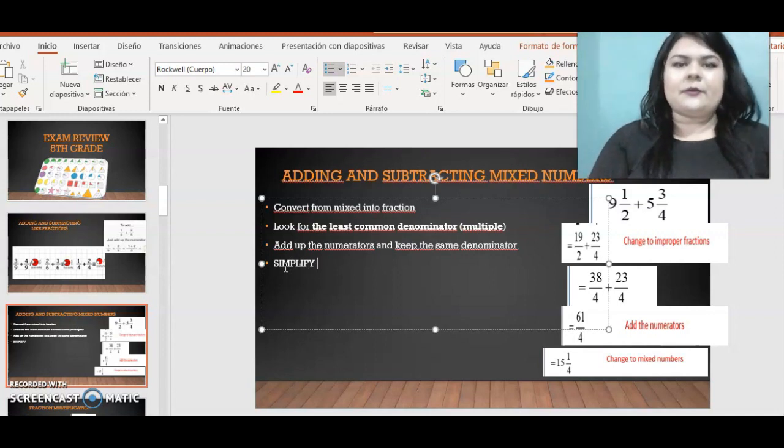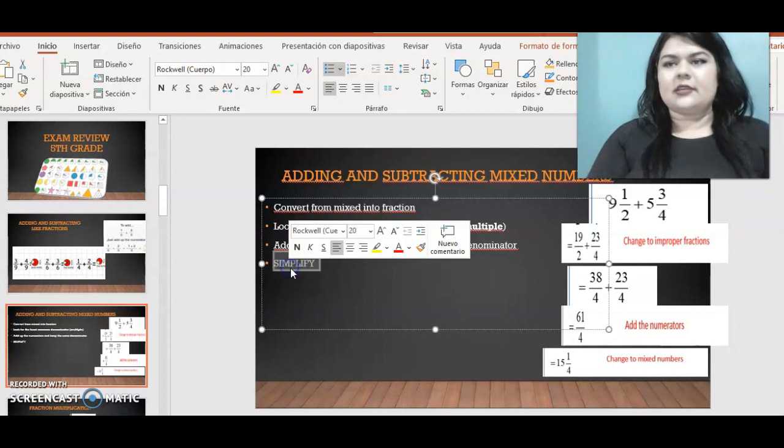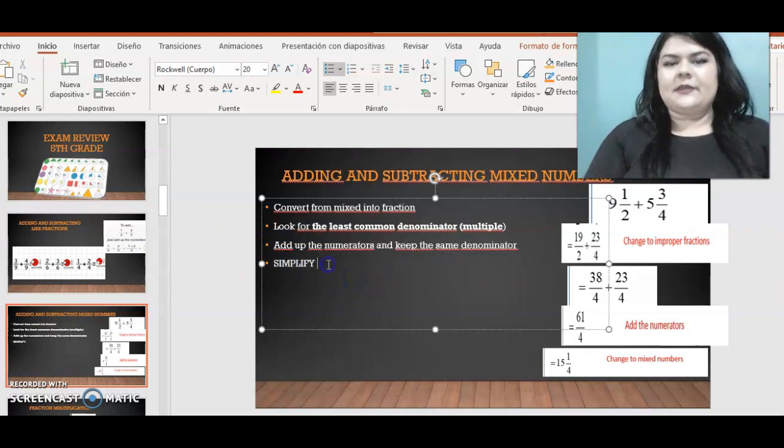If you don't remember pretty well, on your notebook you have a lot of exercises about simplifying, okay? And in simplifying, we can simplify dividing. And for example, look, I divide 61 divided by 4.